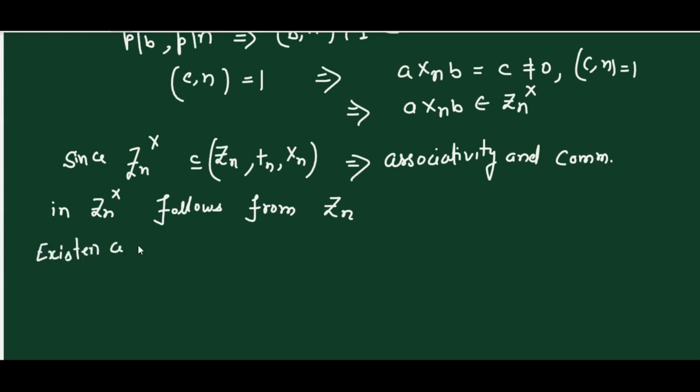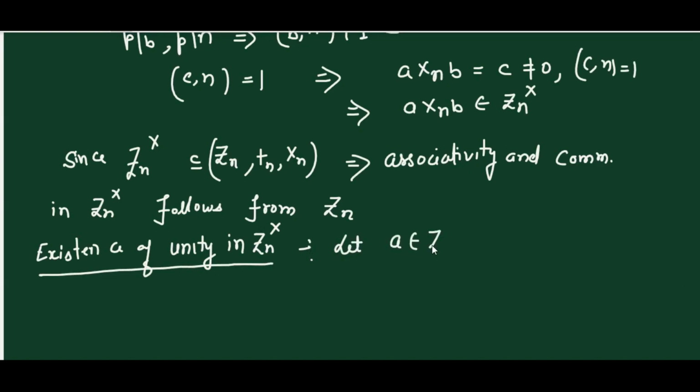Now, existence of unity in Zn cross. So choose any element A from Zn cross. Clearly, 1 belongs to Zn cross because 1 is non-zero and 1 is co-prime to n.